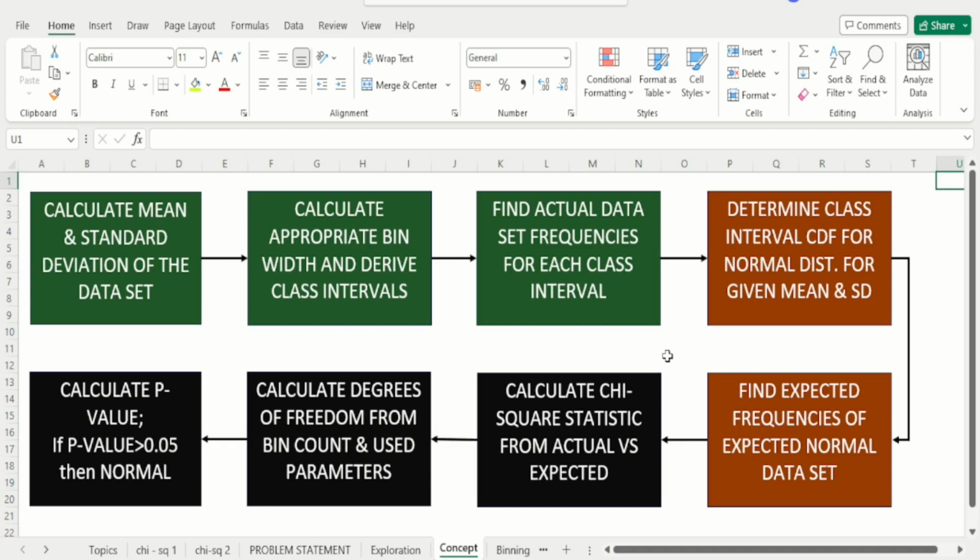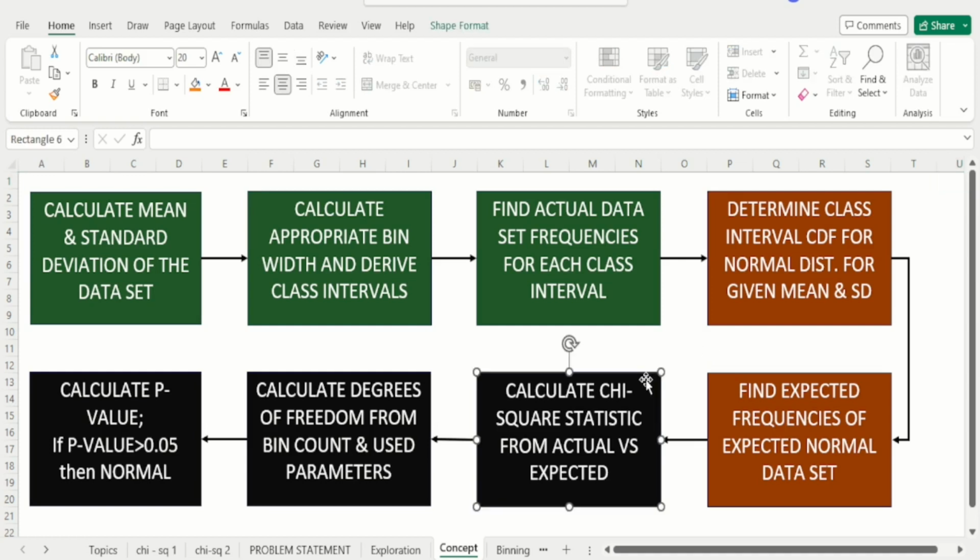In other words, if we had to look at a normal distribution for this mean and standard deviation, what would be the frequency for each class interval? Remember, the class intervals will be the same between the actual observed data set and the theoretical normal distribution of the data set.